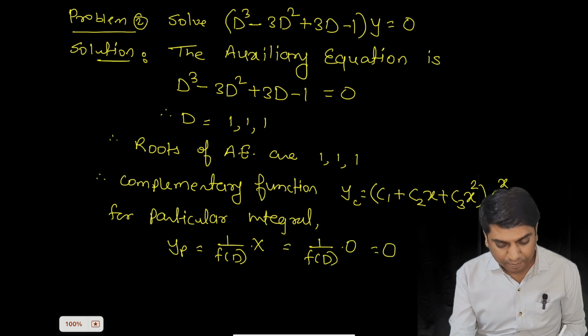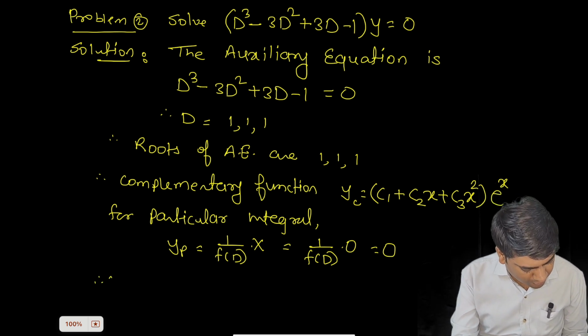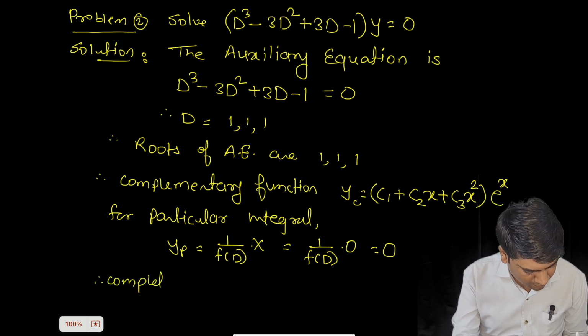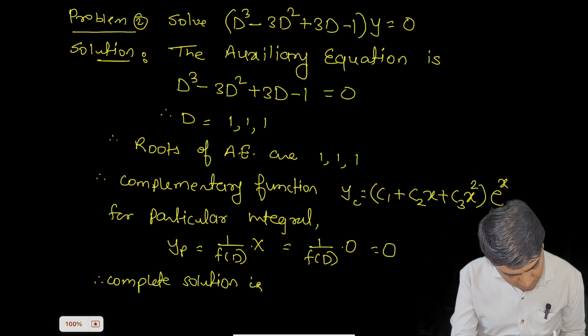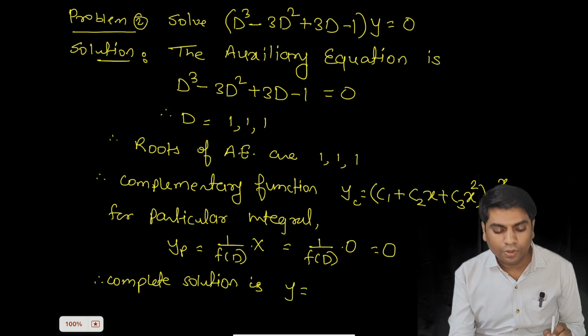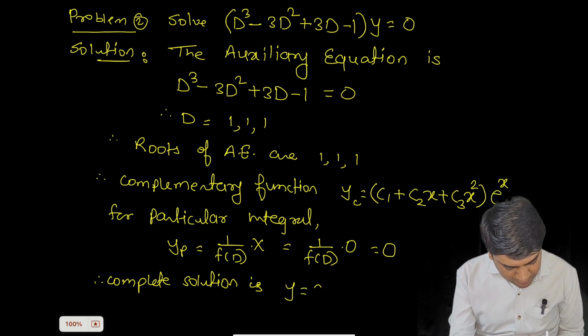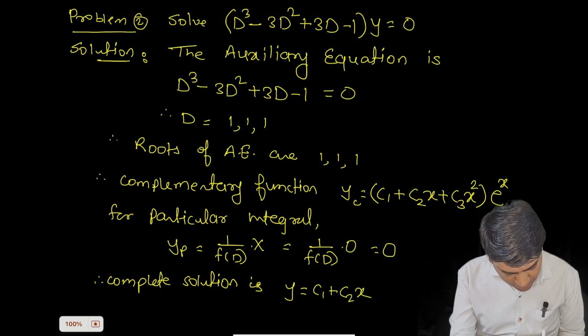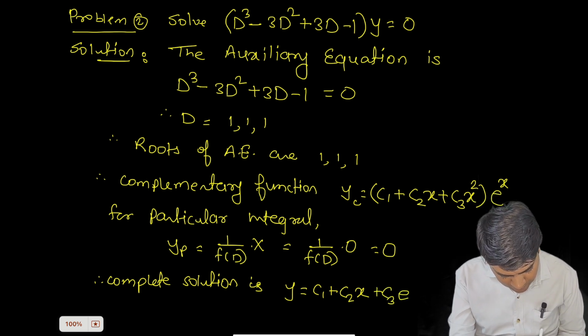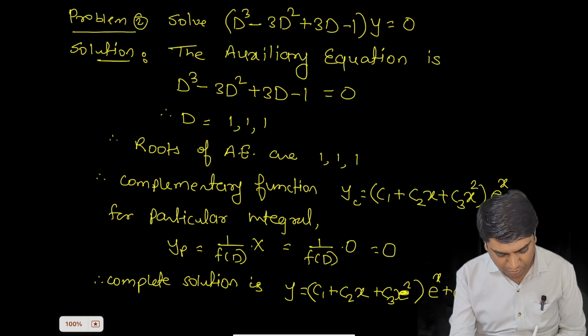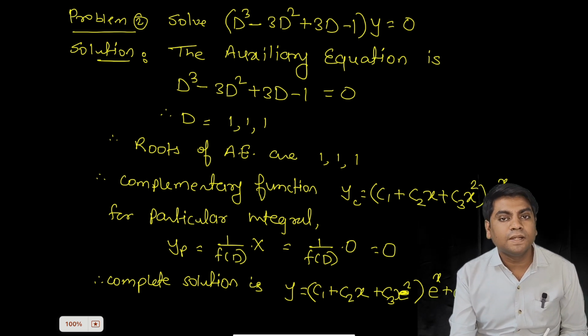Okay, so the particular integral is 0, so therefore the complete solution is y is equal to yc plus yp. So yc is (c1 plus c2x plus c3x square) in bracket e raised to x plus 0. So this is our complete solution.